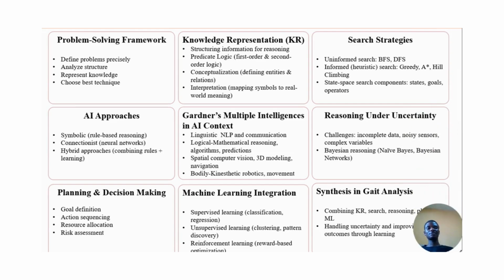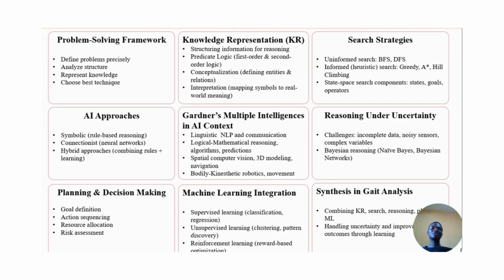Knowledge representation captures more of our attention, because we shall see how we represent the knowledge in our gate analysis system, and be able to give different solutions. In those different solutions, we shall analyze the best. So to look at problem solving, we shall look at some strategies and how they approach problem solving.